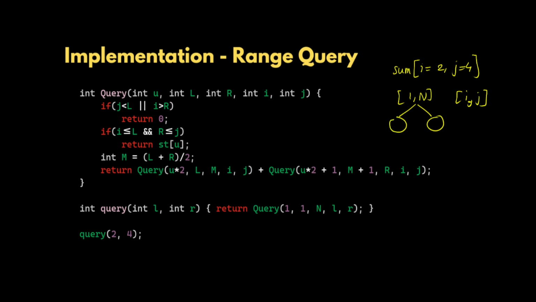So we will recursively divide it into two parts and check whether that part completely lies within our query range. If that lies completely within the query range, that means this should be included in the sum. If it lies outside the query range, then the contribution from that node must be 0.